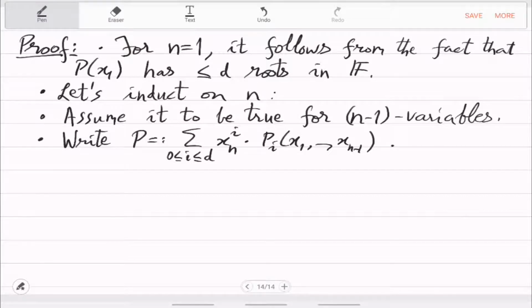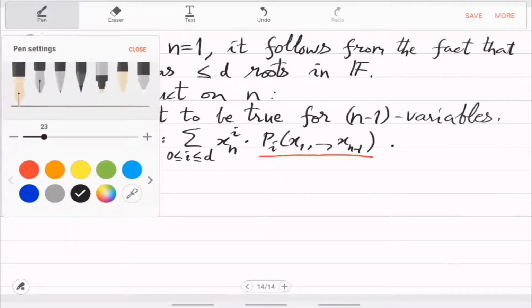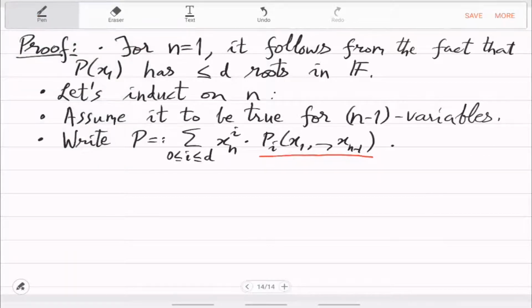Okay, so in terms of xn, the coefficients are these polynomials Pi in the remaining n minus 1 variables. And one of these Pi is non-zero. So we can call that, let's say we pick I0.